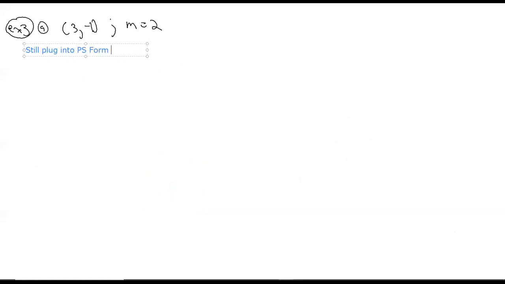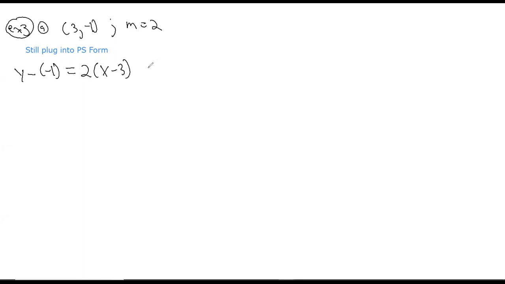PS means point slope form, y minus y1 equals m times x minus x1. Okay, so we're going to go y minus, the y1 is negative 1, equals the m, which is 2, parentheses, and then x minus x1 would be x minus 3.